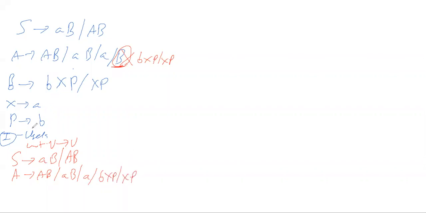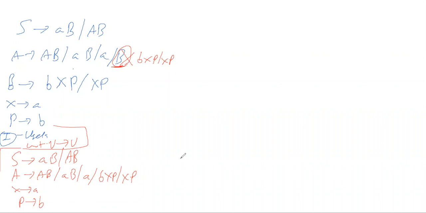Now X implies A and P implies B also. Okay, I hope it is clear. Useless symbol, unit production and null production, everything is removed. Now the grammar, whatever I have written in red color, is in minimal form.